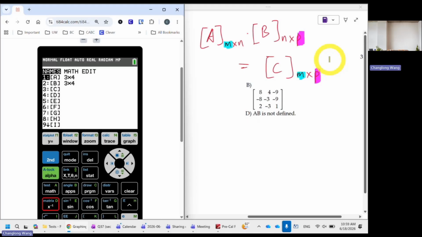A is 3 by 4, B is 3 by 4. That means this is 3. The inner index does not match. You guys see that? So they don't multiply. But you can see that just by typing it up.